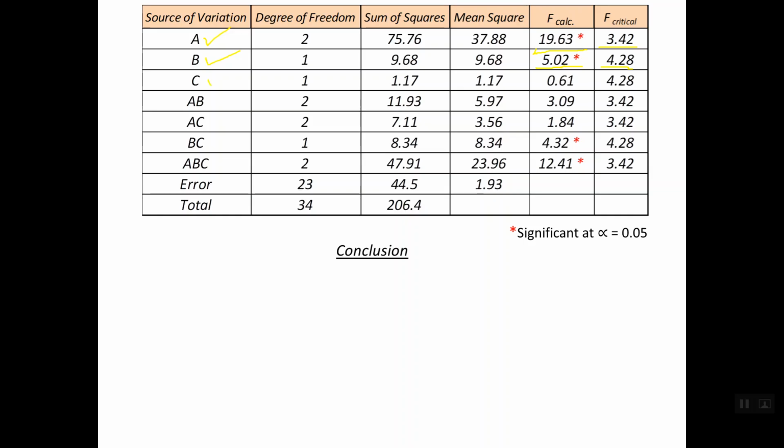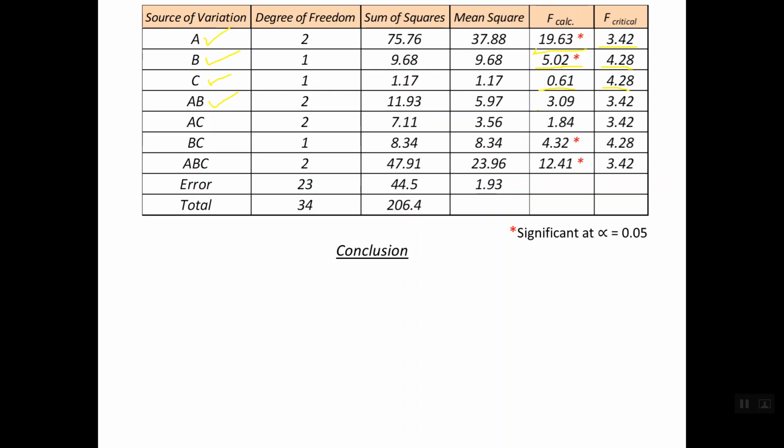For factor C, the value of calculated F is less than the critical one, so we don't have a significance here, which means that for factor C, we accept the null hypothesis, which means that the mean for C1 is the same as the mean for C2.